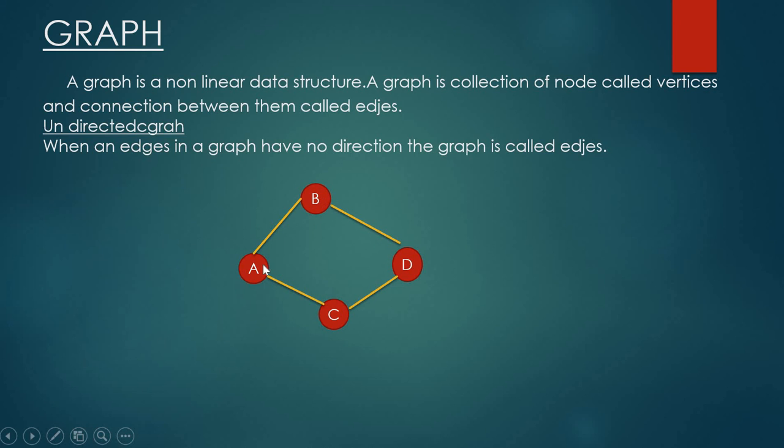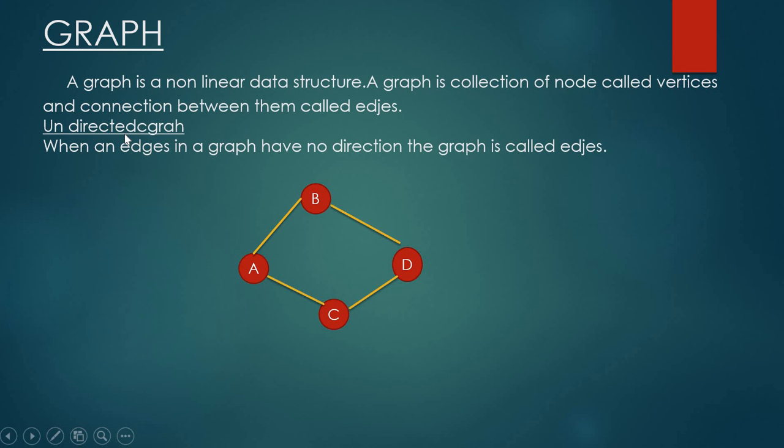Here, what are all the vertices? A, B, C and D are the vertices. And the connections between the vertices are called edges. Then, a graph is a collection of nodes called vertices and connections between them called edges.